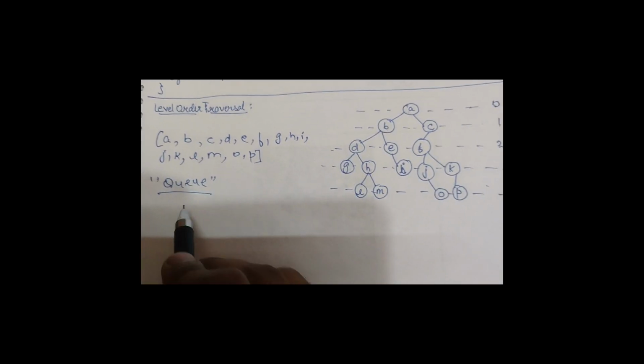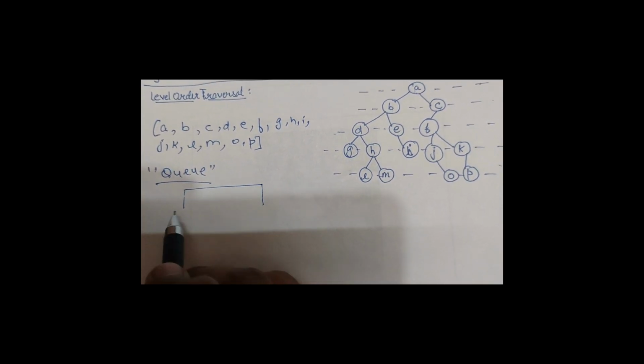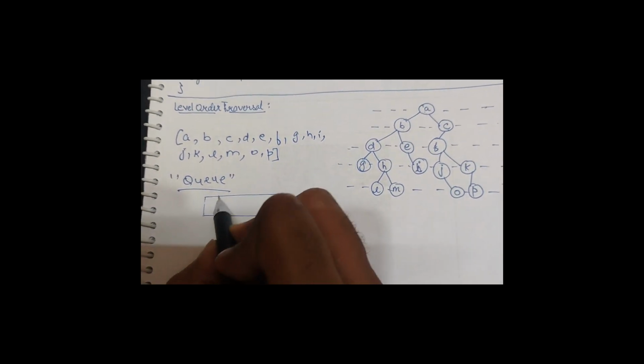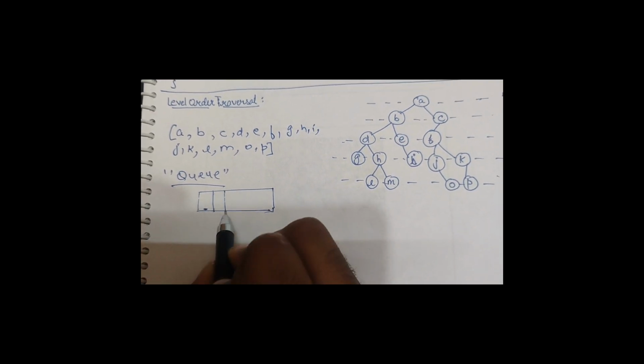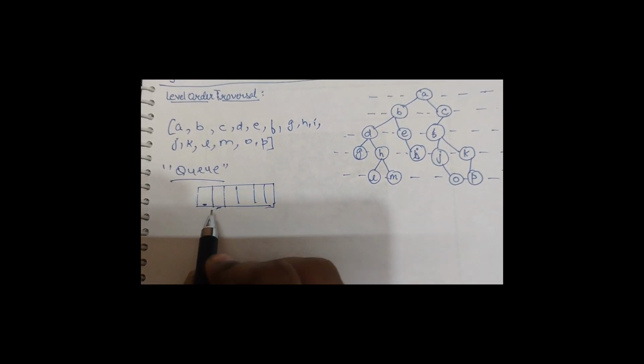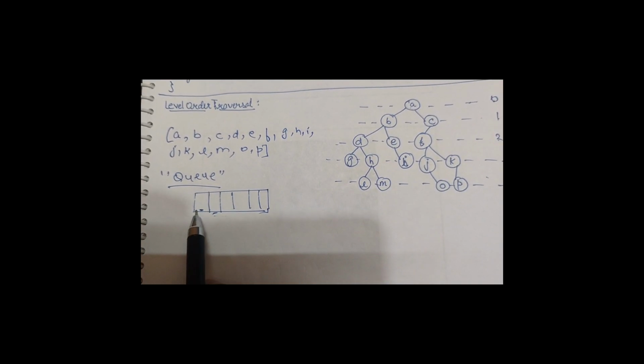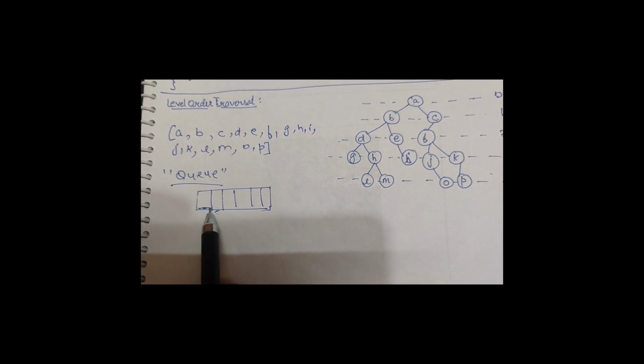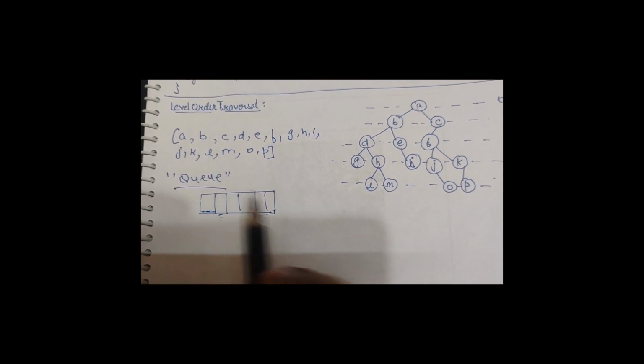If you do not know what queue is, it is just like the name says. It is first in first out. For example, when you go to buy a ticket for a movie, you can see the person standing first, then second, and similarly there is a queue. The person who came first will go out.